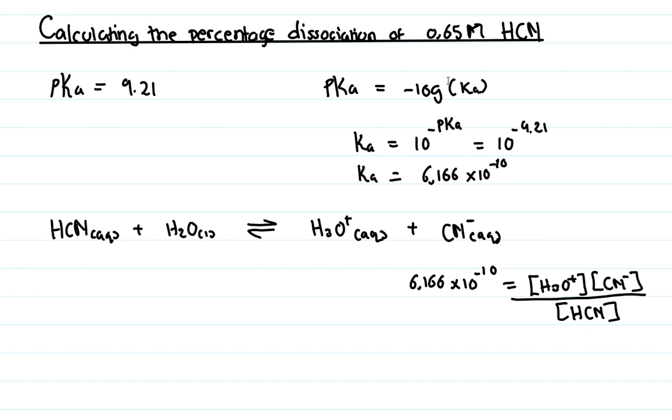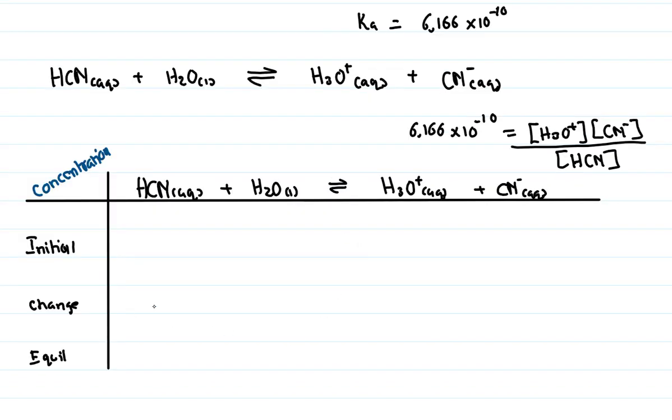And from now we have to draw the reaction table. Now let's plug in the values that we have. The initial concentration for hydrogen cyanide is 0.65. Water has been excluded. So we have 0.65, water being excluded, and we have 0, 0.